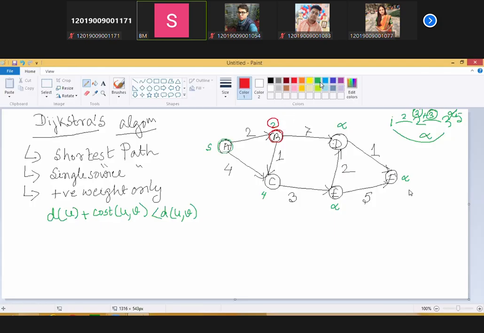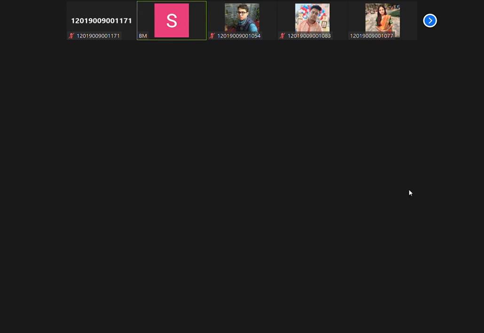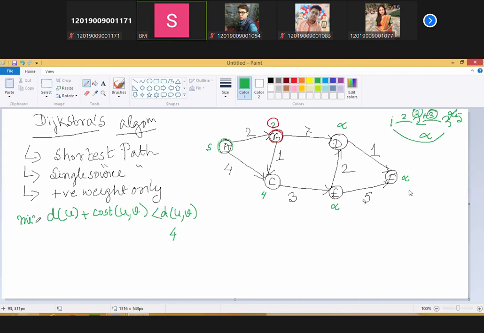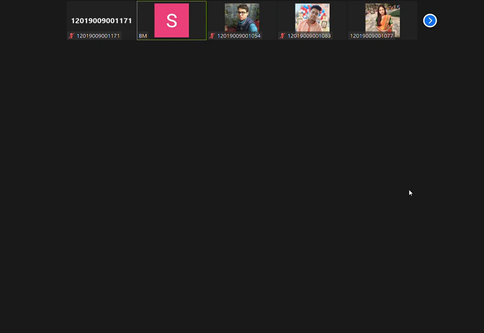From B, it's connected to C. For C, from A the distance is 4. You need to take the minimum of these two.